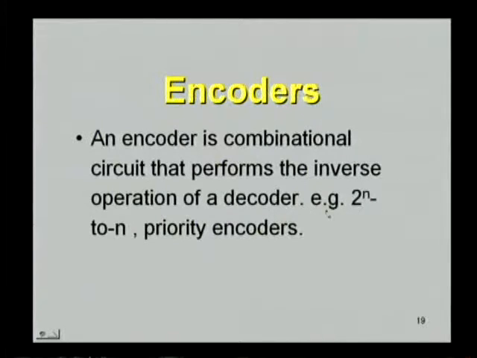Examples: 2 power n to n encoder and priority encoder. Here we can see it has 2 power n inputs and n outputs. One of the inputs will be activated and its code will be made available at the output of the encoder.